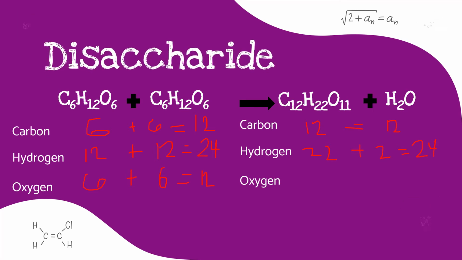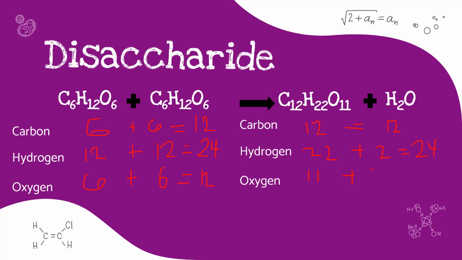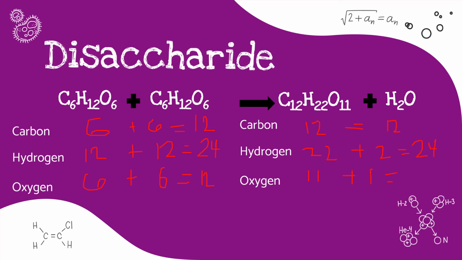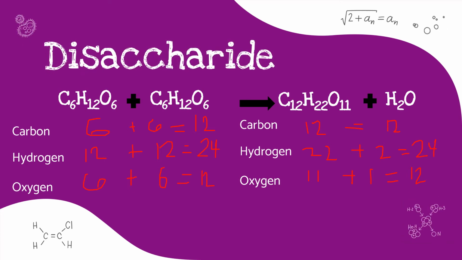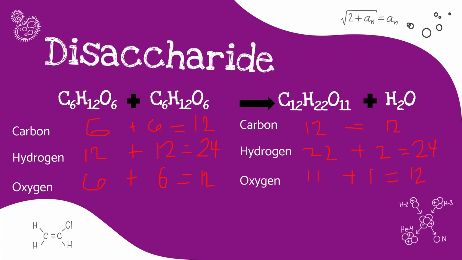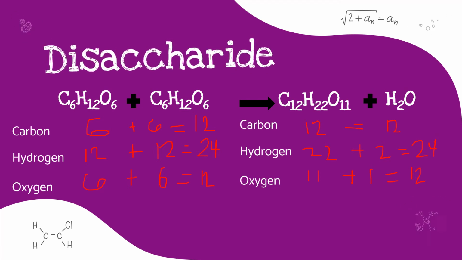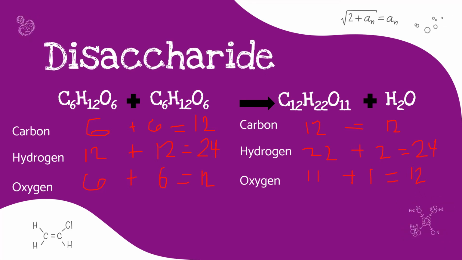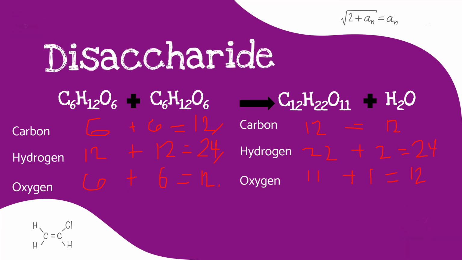For oxygen, we have 11 here and 1 in the molecule of water, with a total of 12. So as you can see, no atom is lost. There is just a rearrangement of atoms in each molecule during the process. We still have 12 carbon, 24 hydrogen, and 12 oxygen, same as before the process.